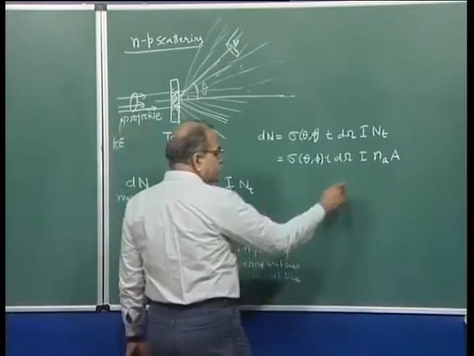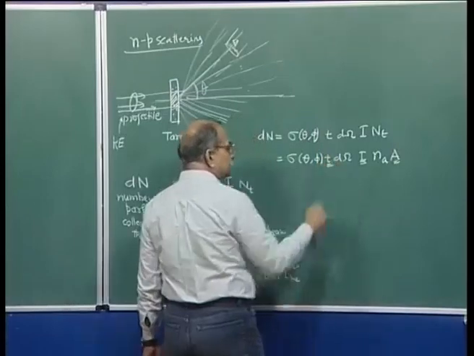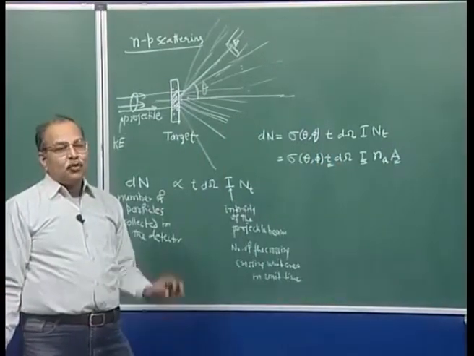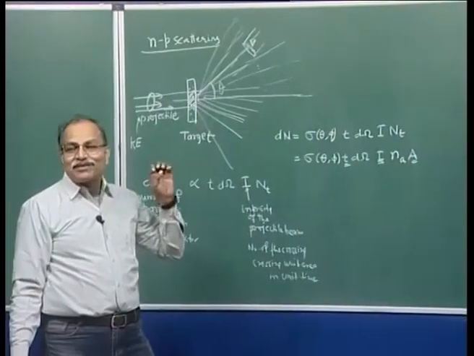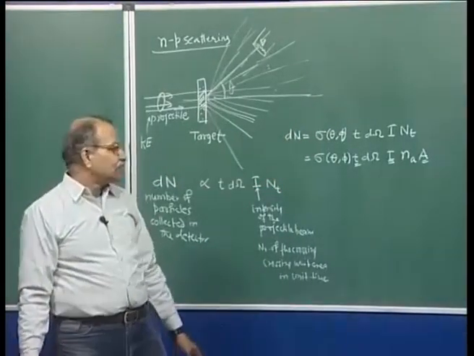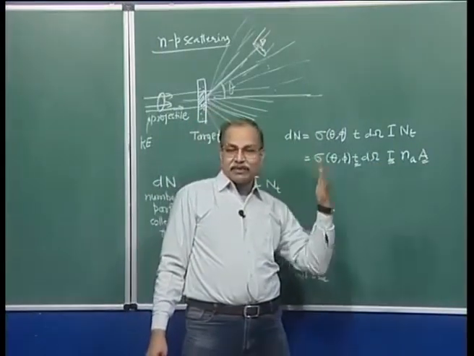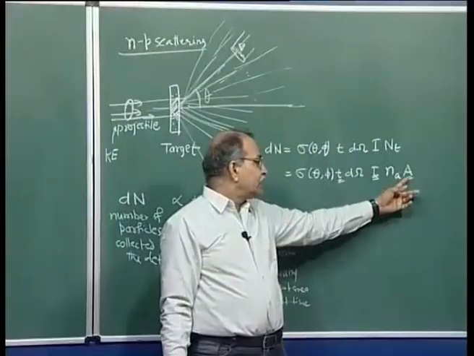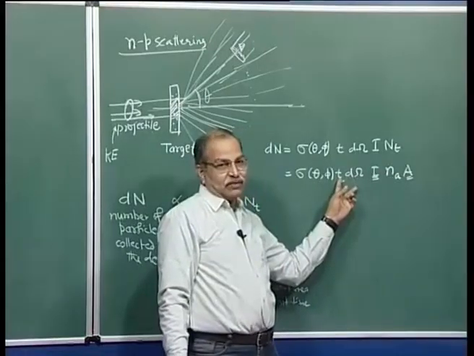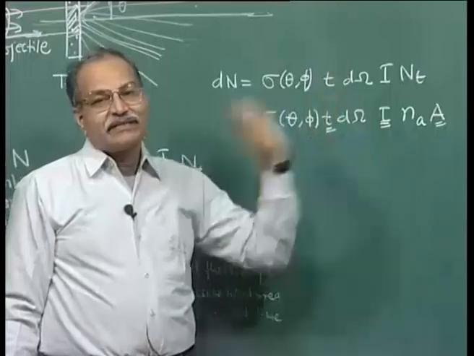We can combine this I, this A and this t. This becomes how many projectile particles are going through the target in that time, because I is the number of particles going per unit area per unit time, and here is area and here is time. So, multiply by that. This is the number of projectile particles hitting the target.